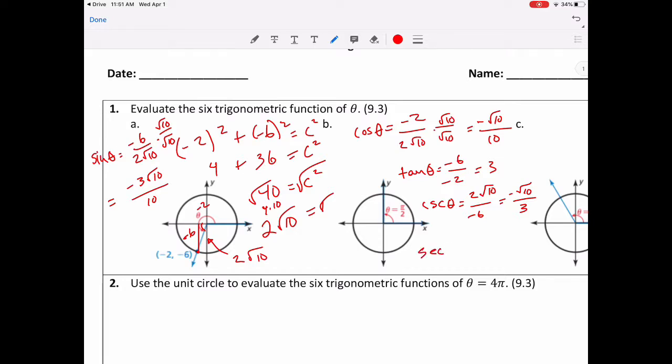Secant is just cosine flipped over. So that would be 2 root 10 over -2, which is -root 10. And cotangent would just be tangent flipped over, so -2 over -6, 1/3.